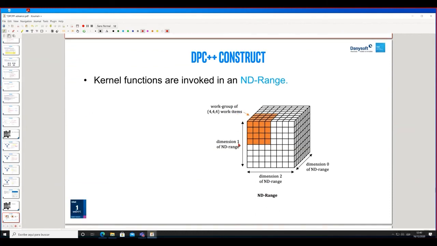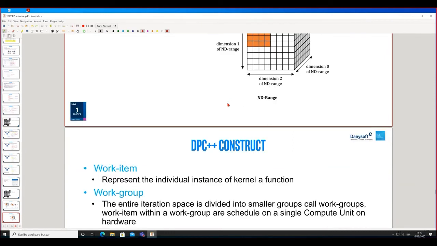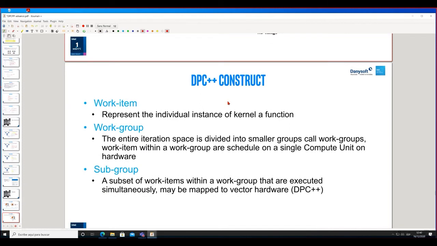Well, as I told you, when you invoke a kernel, you specify the parallelism by means of nd_range. So you express the number of work items in the whole index space. If I define this concept, the work item represents the individual instance.